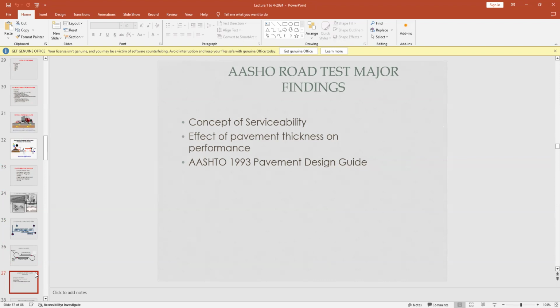It is a used and accepted document for pavement design in many countries, including ours as well. Actually, the road you are traveling on nowadays is based on the H2 1993 pavement design guide.